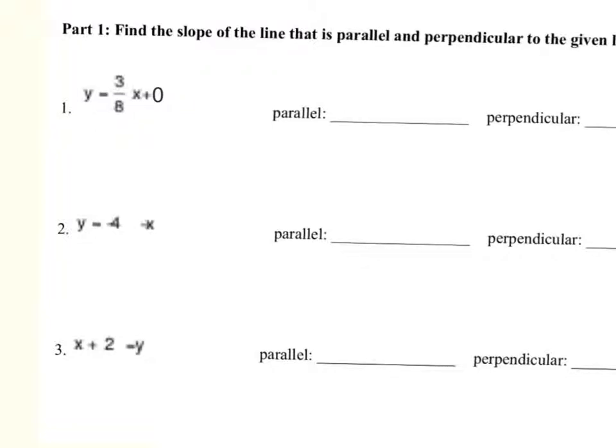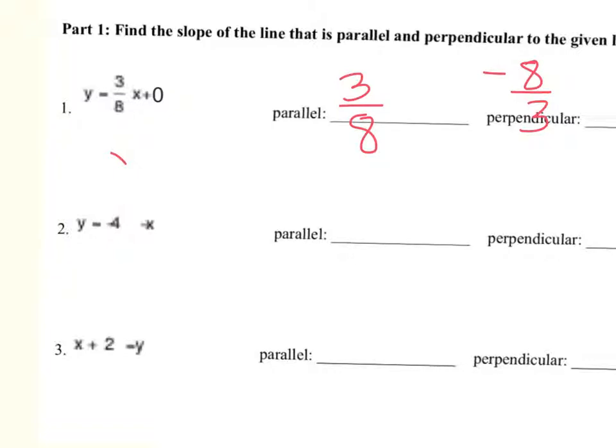A line that is parallel to this line would have the same slope, so the slope would be 3/8. A line that's perpendicular to y equals 3/8 x would have a slope that is the negative reciprocal, -8/3.